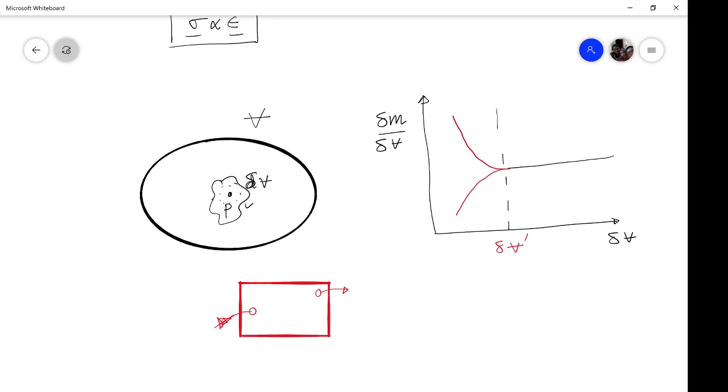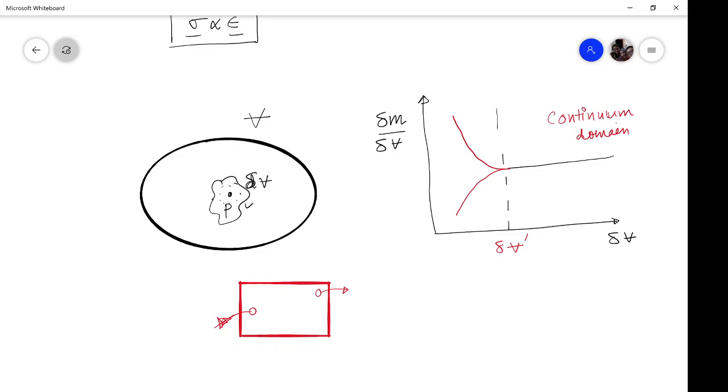So what is the point? The point is that we should always work in this continuum domain. So my working will be from here only.